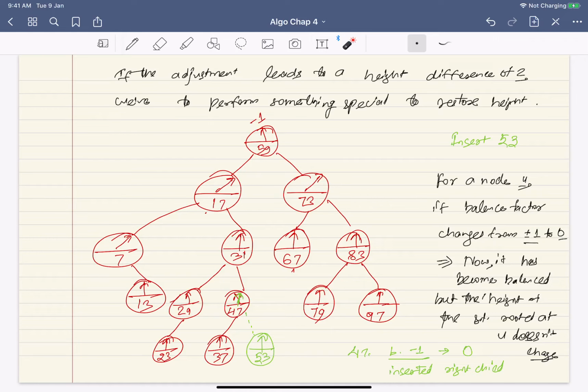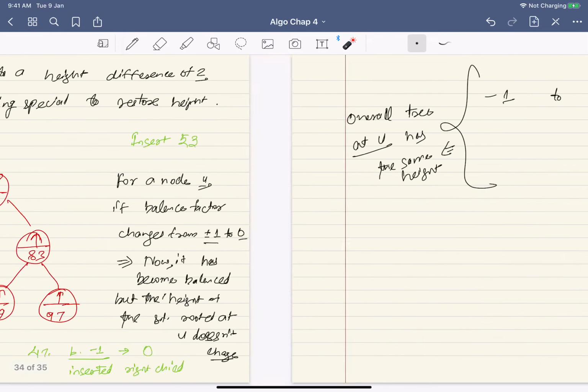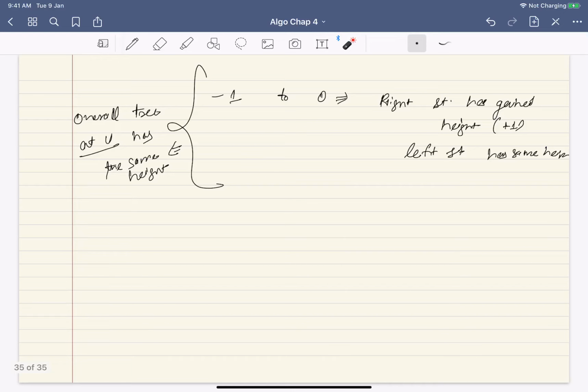I can simply say if it has changed from -1 or +1 to 0, no need to go up. But you see if the other way happens. So if the change happens from 0 to ±1, what does it mean? That means now in insertion, one of the subtrees has gained height.